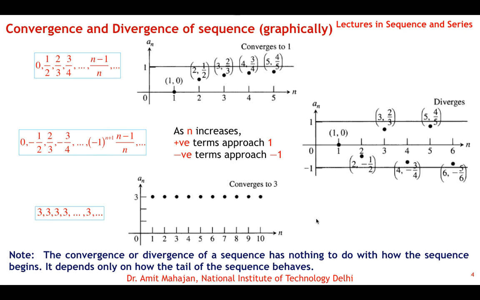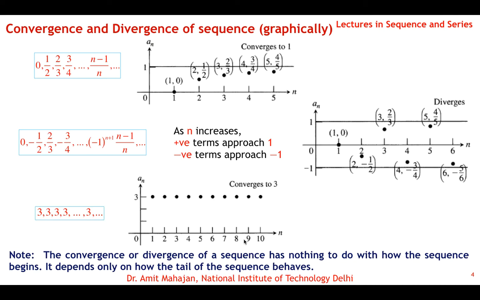That means the convergence or divergence of a sequence is not affected by the values of any number of initial terms. Even if you do not consider some of the initial terms, the sequence will still converge or diverge depending upon what happens when n becomes too large.